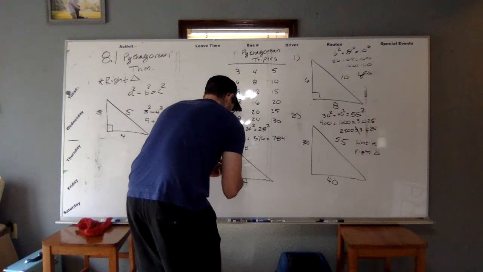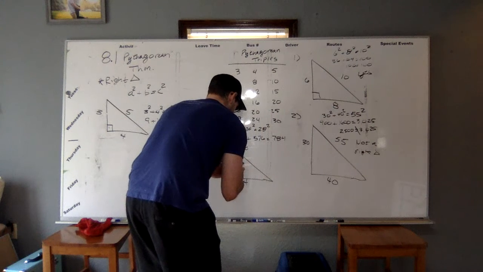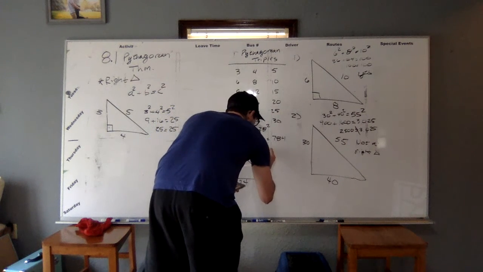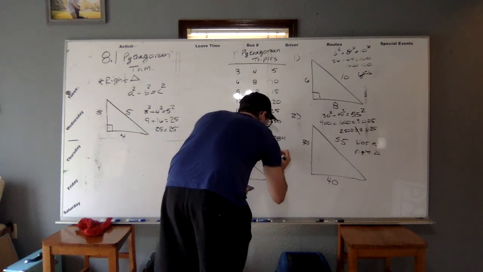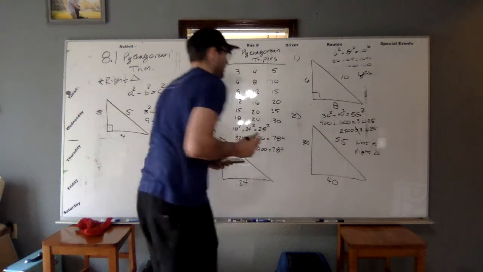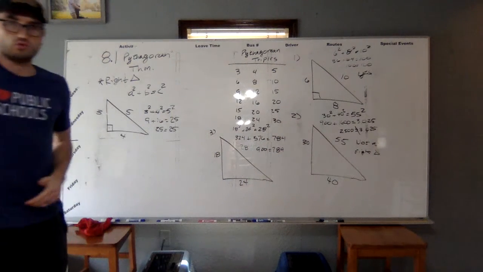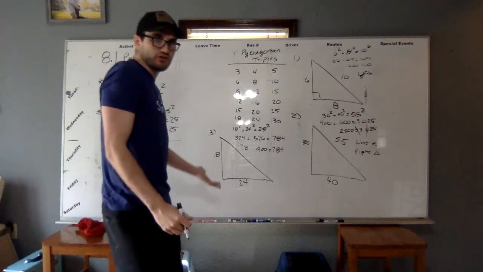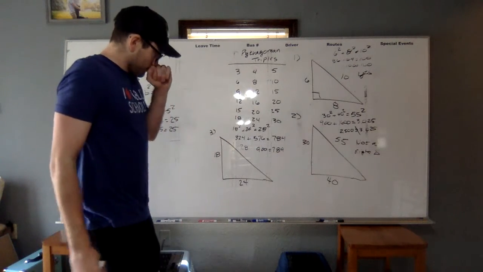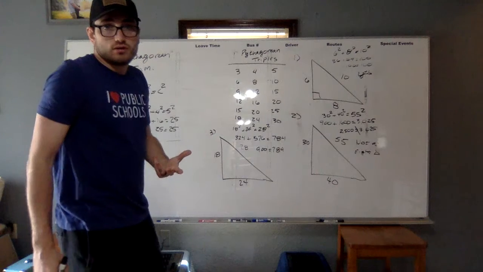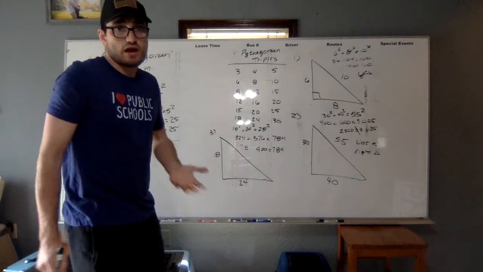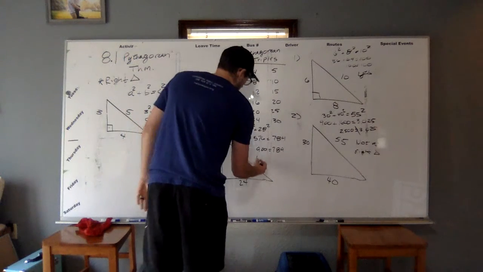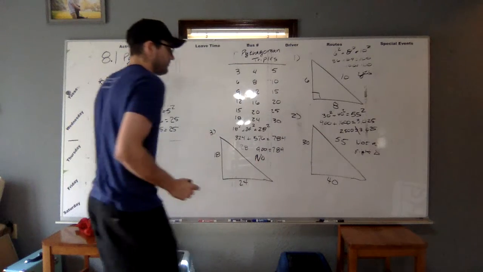When I add those together, I end up with the statement 900 equals 784. Which again, we look at and we say, well, that's not a true statement. Those two numbers aren't equal. Therefore, we know by the rule that this is not a right triangle. Okay, so I would say, nope, not a right triangle.